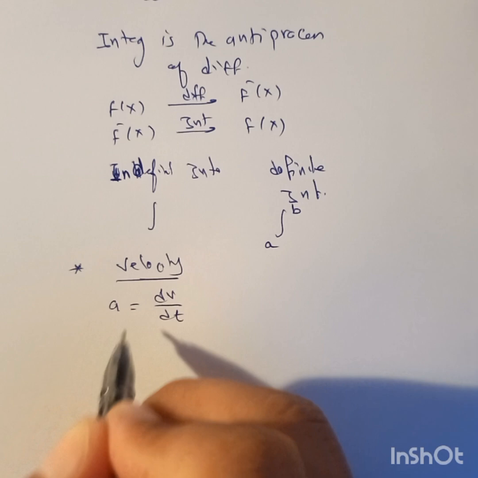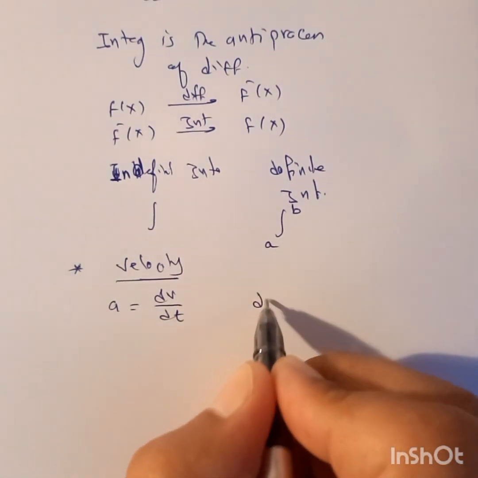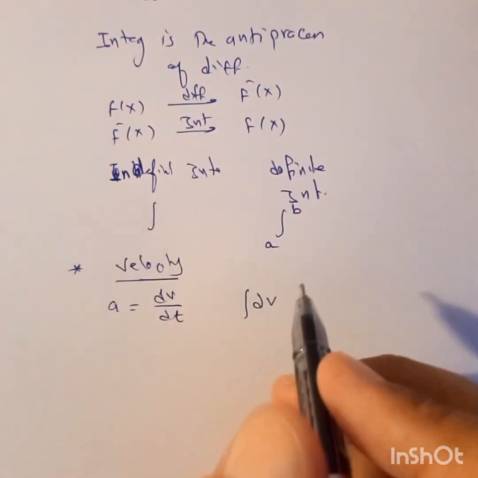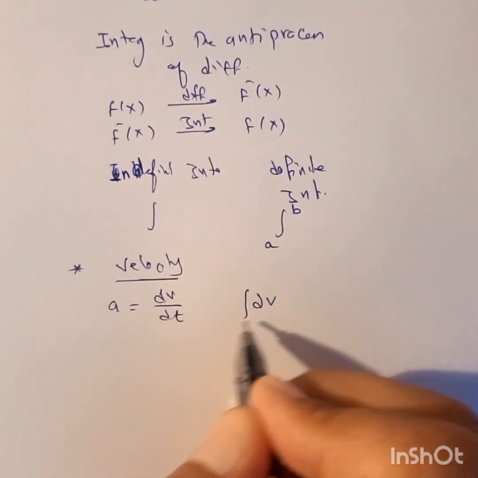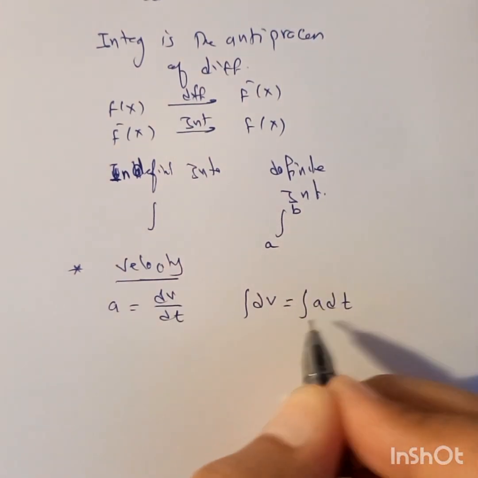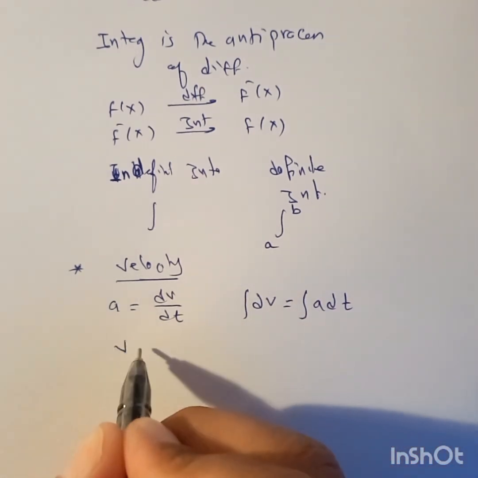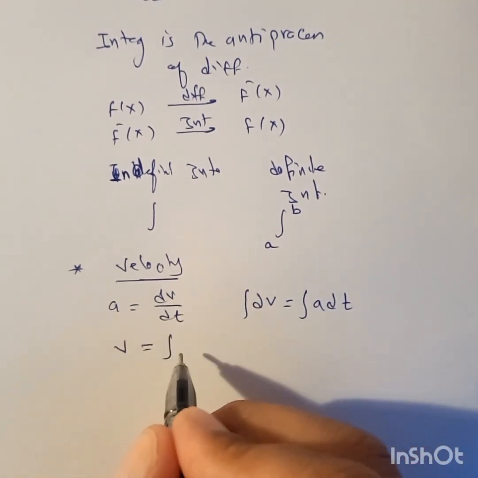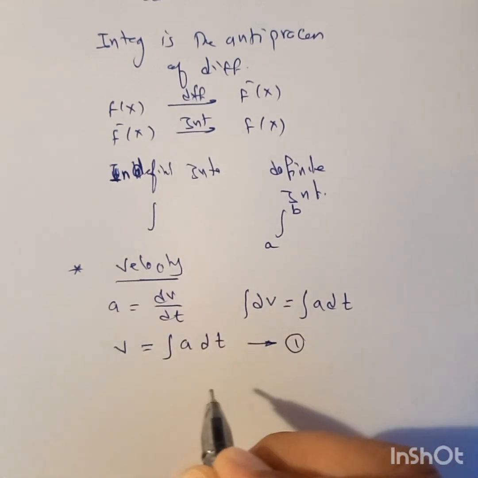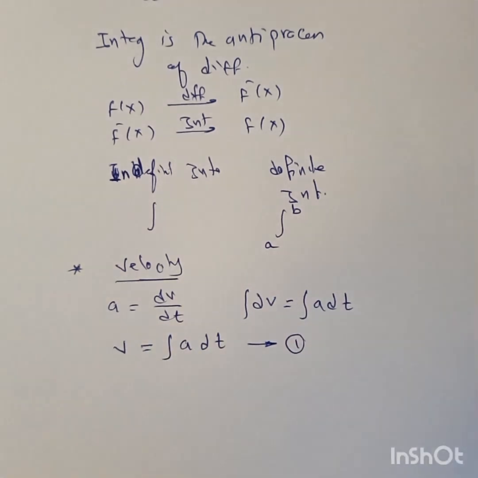Then by separating the variables we can find dv and take the indefinite integral. Then we have the indefinite integral of dv equals the integral of a dt. By doing the integration, velocity equals the integral of a dt, and this is relation number one we can use to find v from a by using indefinite integration.